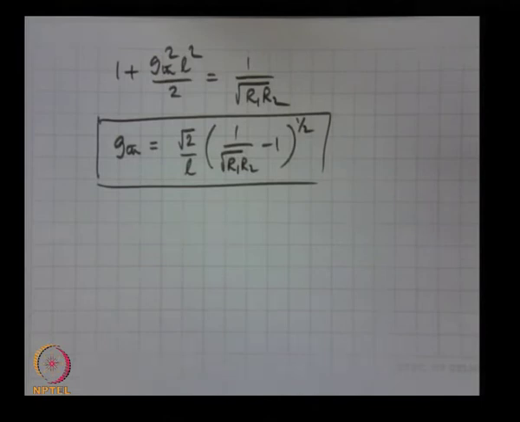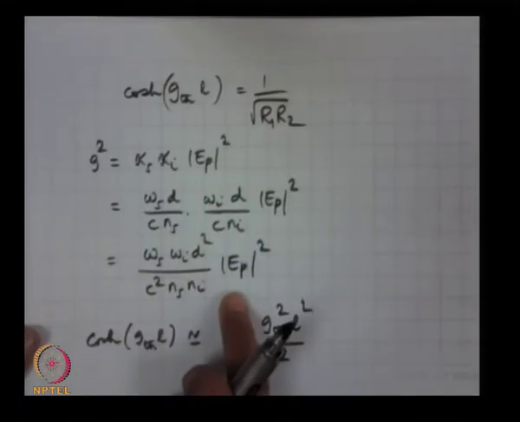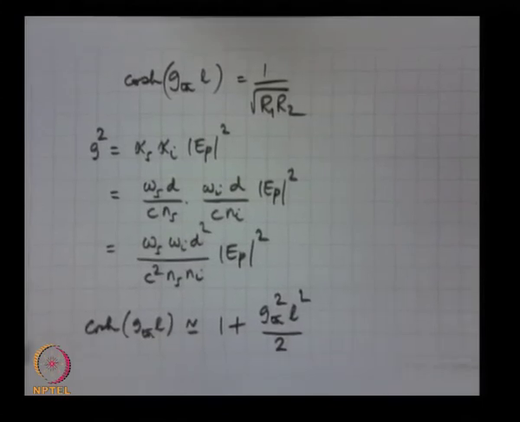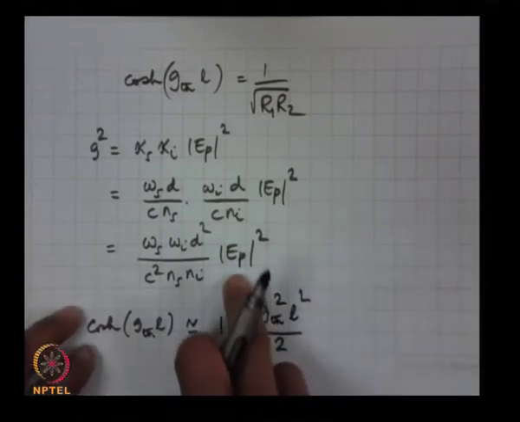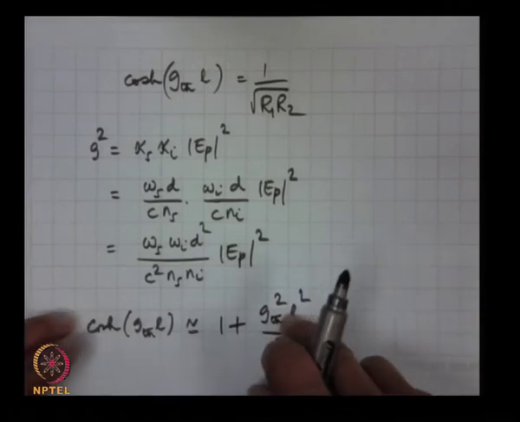Okay. So how do I relate this to the power of the pump? So G square depends on EP square like this. How do I calculate IP or PP? I must replace mod EP square by the intensity of the pump. How are they related?